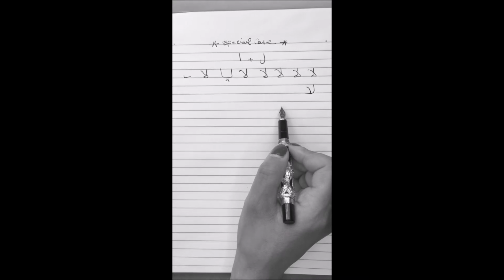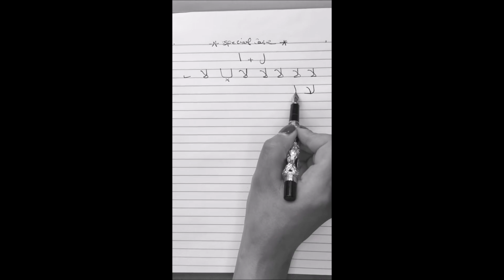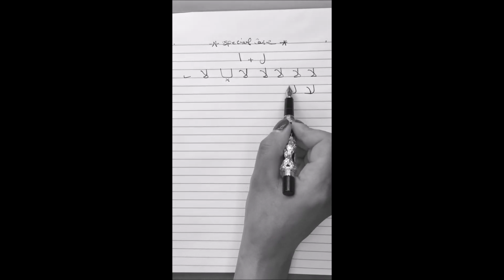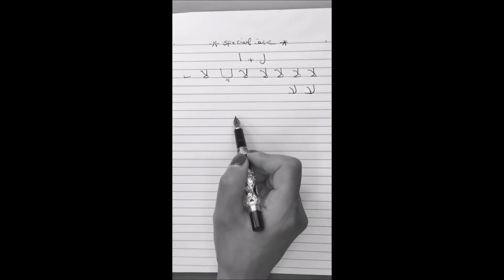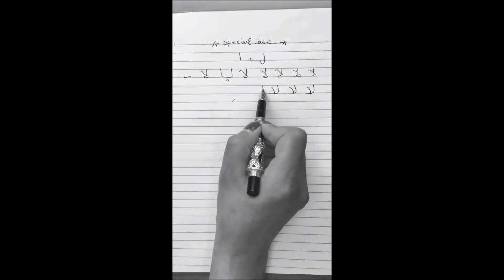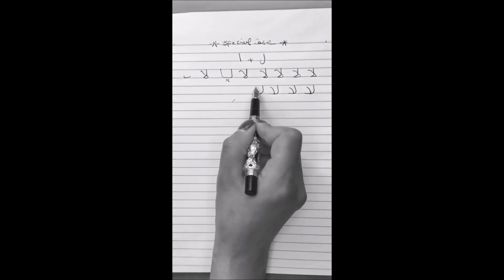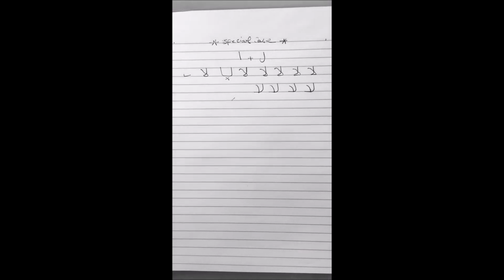All right, it should be tilted a little bit, and shorter than this one. All right, slightly shorter. So can you do it with me? That's the second method of connecting the lam with the alif.